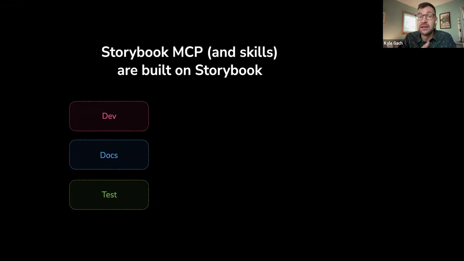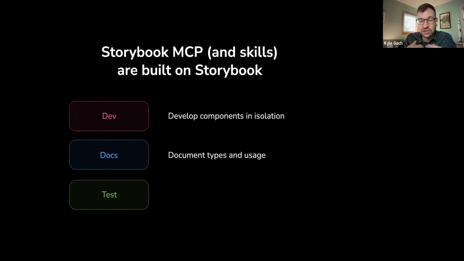So the Storybook MCP is built on Storybook itself, and Storybook is kind of built on three pillars: dev, docs, and test. So for the MCP, the dev pillar means that the agent can develop components in isolation. The docs pillar means that it can read document types and component usage and use the components well.